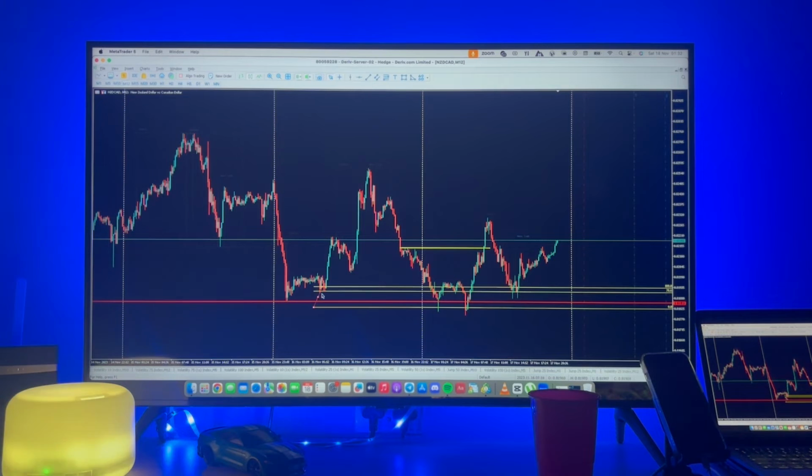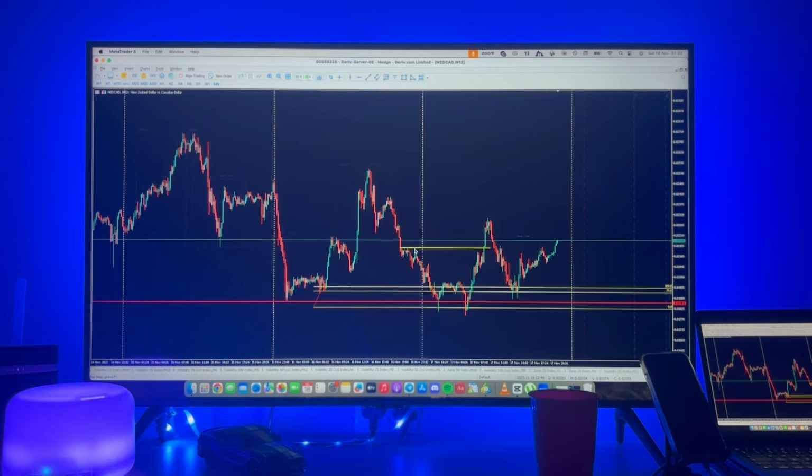So as we can see here, this is our Fibonacci tool to make it easier for our eyes to spot this. And we really just want price, after breaking this previous high, to come down to the low of that Tokyo low or somewhere close, because like I said, it won't always get to that Tokyo low.